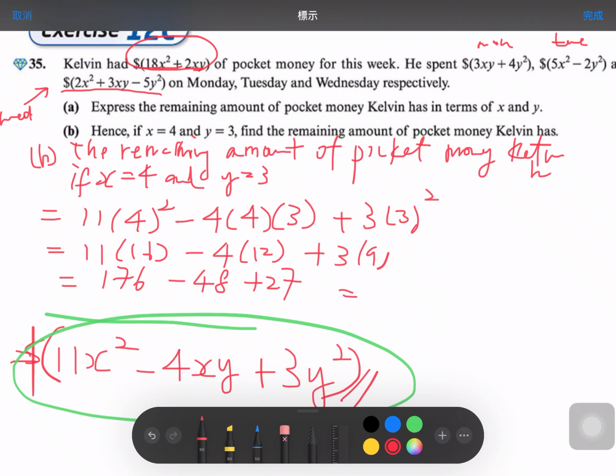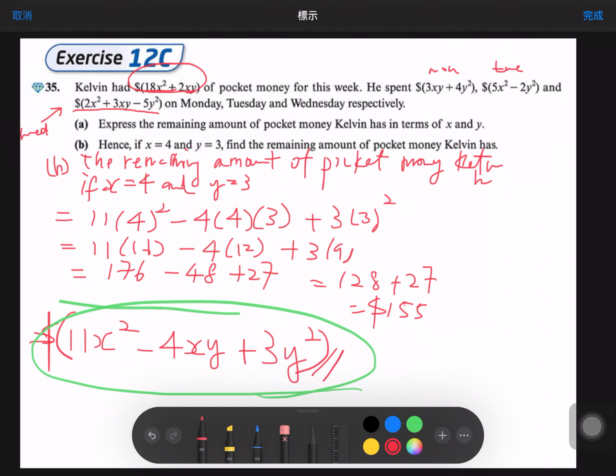So after some calculation, I don't have a calculator in my hand, so okay, do it one by one, it becomes 128, and then plus 27, it becomes 155. So the final amount is money, right? So write down the money sign, 155. The remaining amount of pocket money Calvin has is 155.